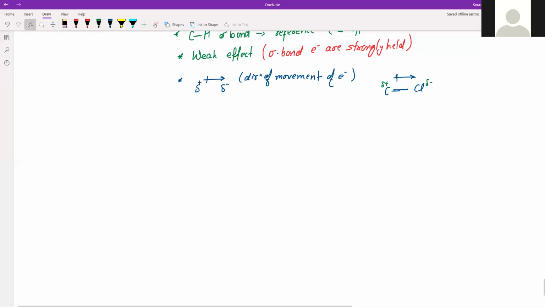So this I effect creates only polarization in the sigma bond and not ionization of the bond. That is also important: there is no ionization. What does that mean? That means the bond does not break.